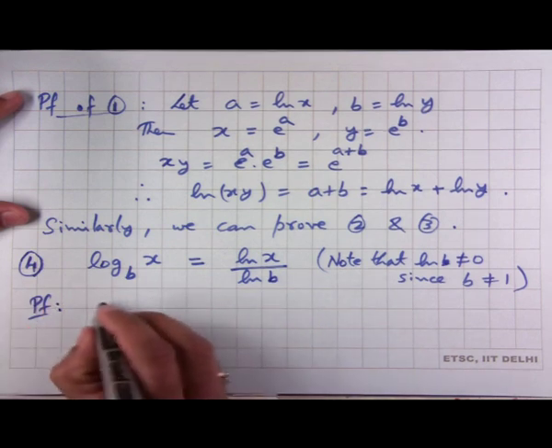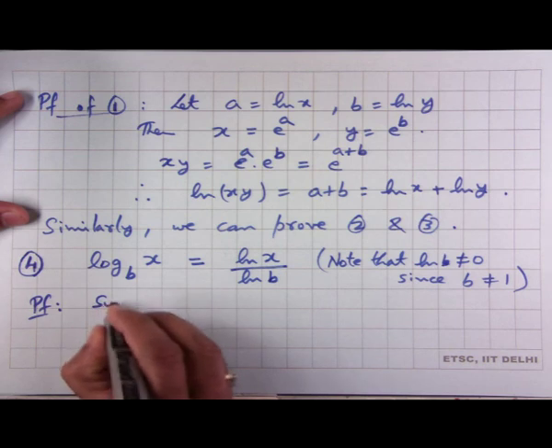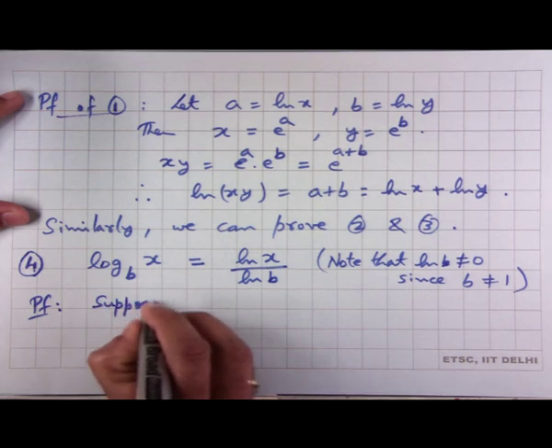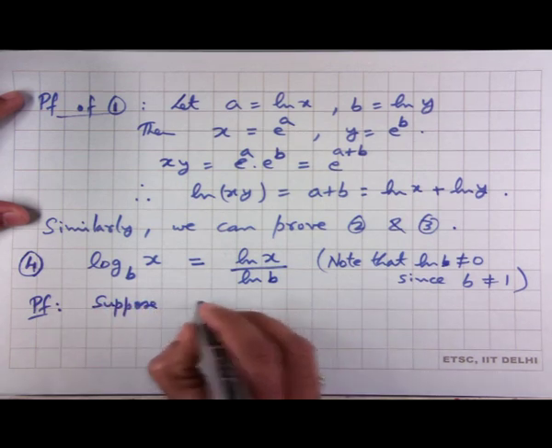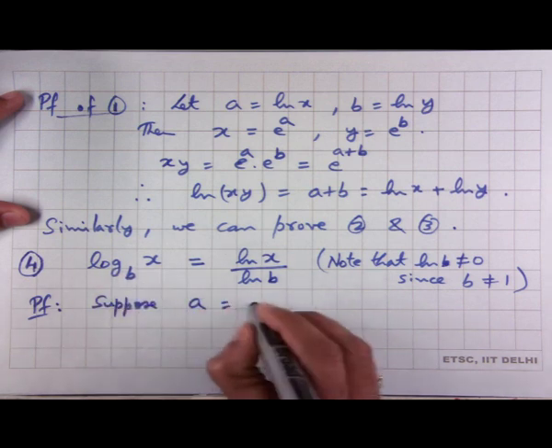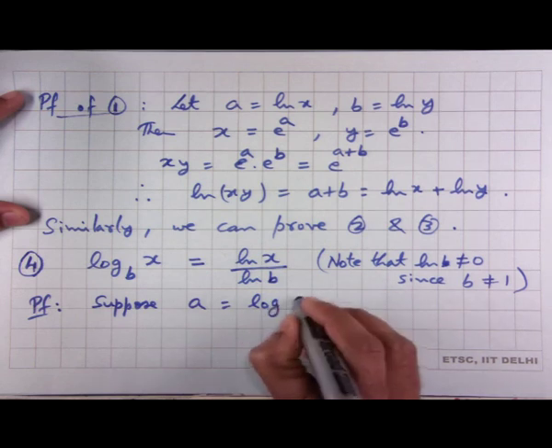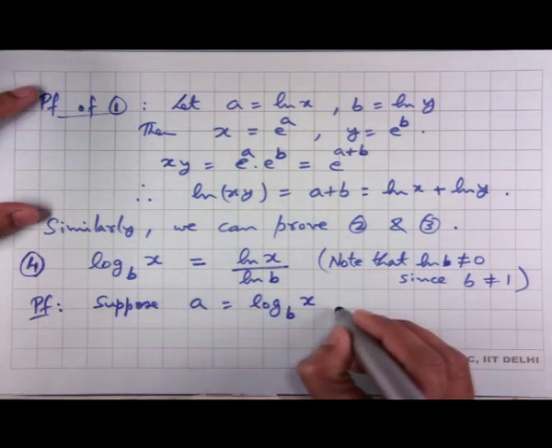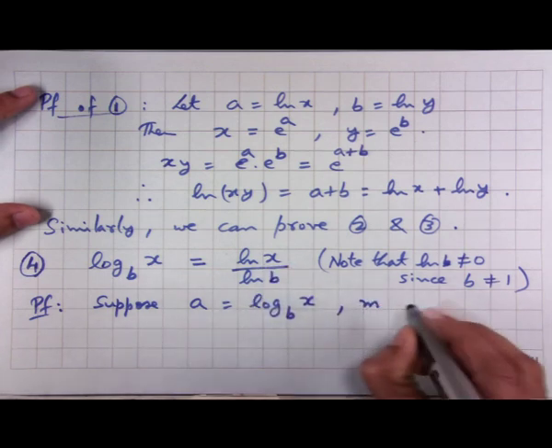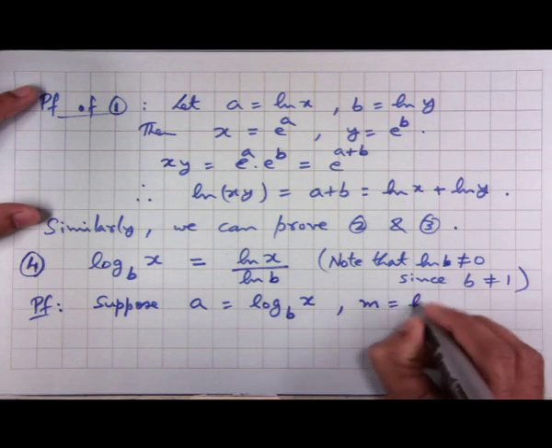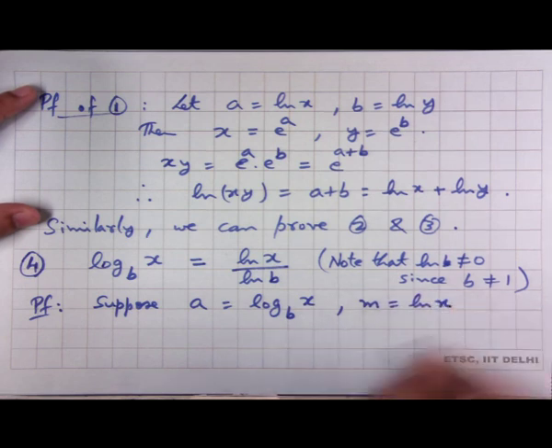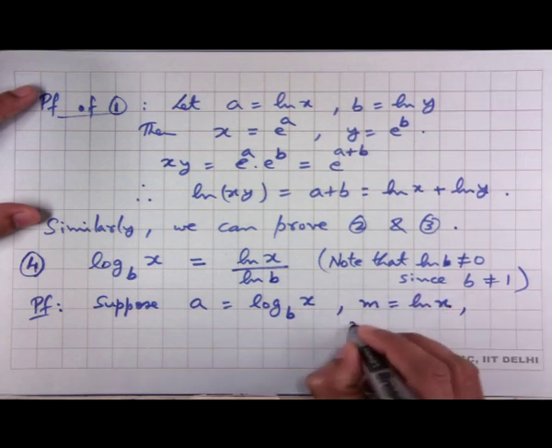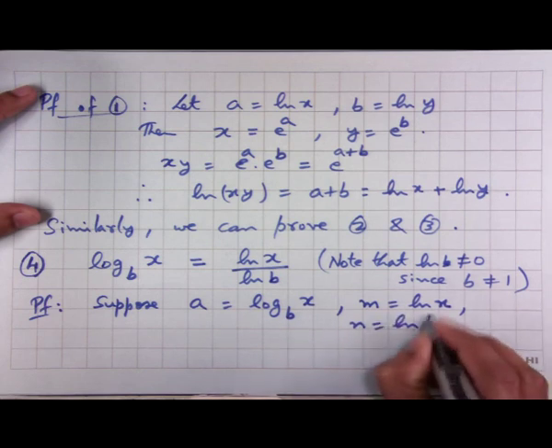Suppose, let me write a is equal to log of x to the base b, and let us write m is equal to ln x and n is equal to ln of b.